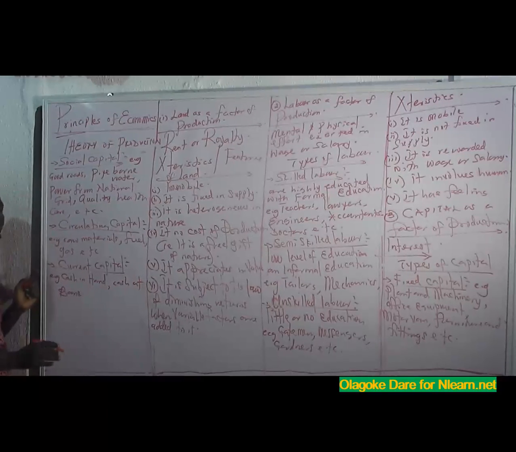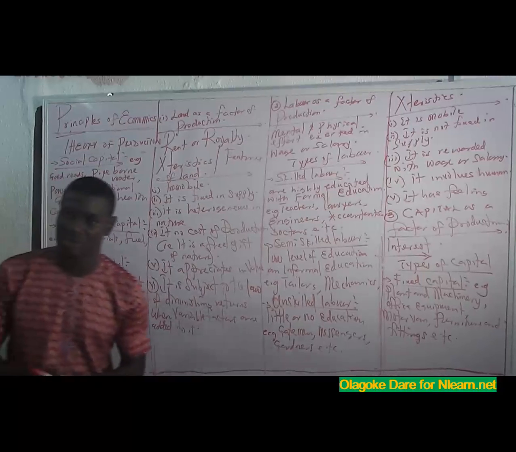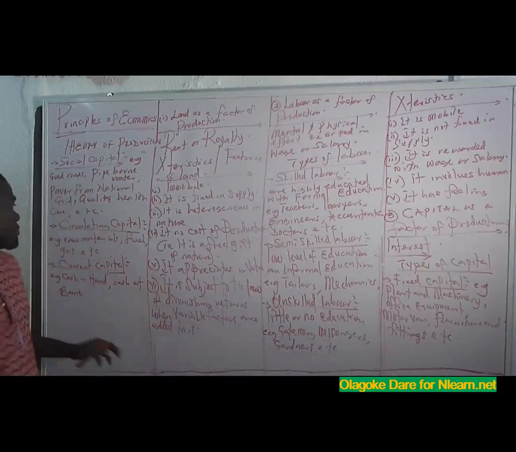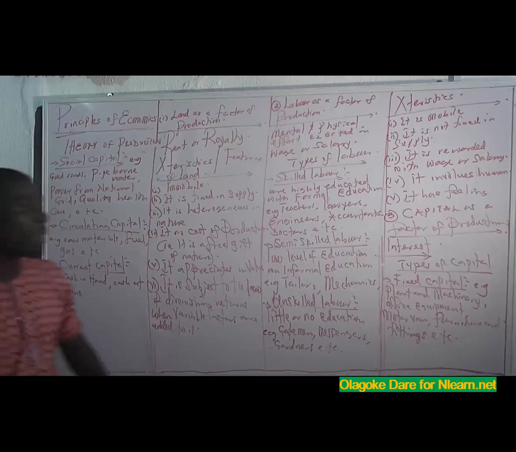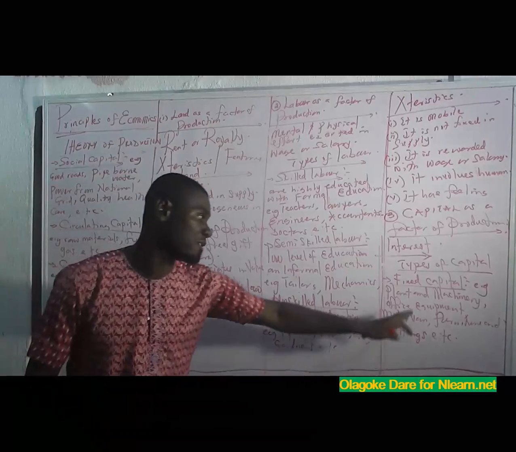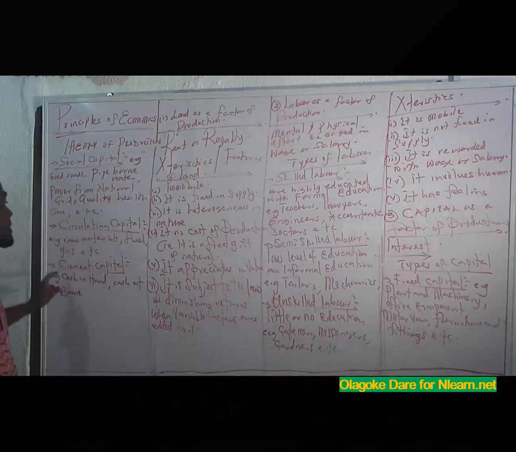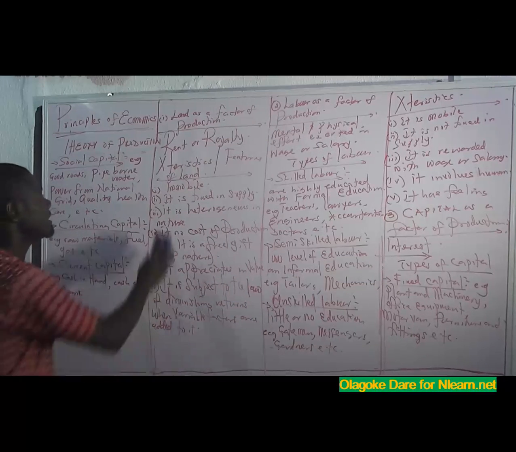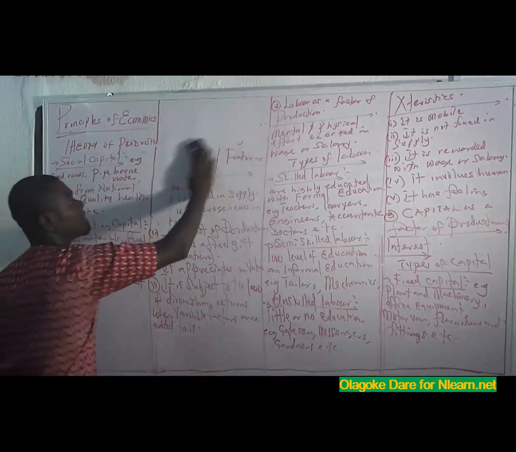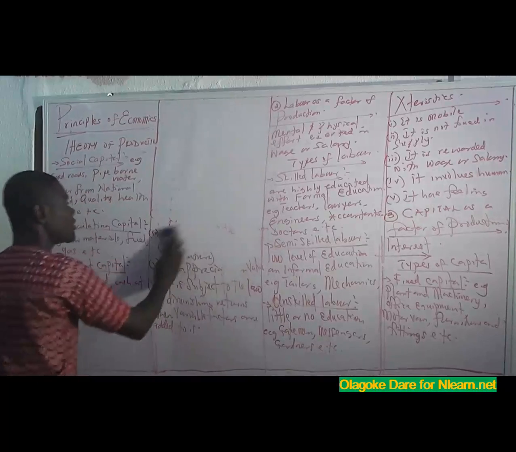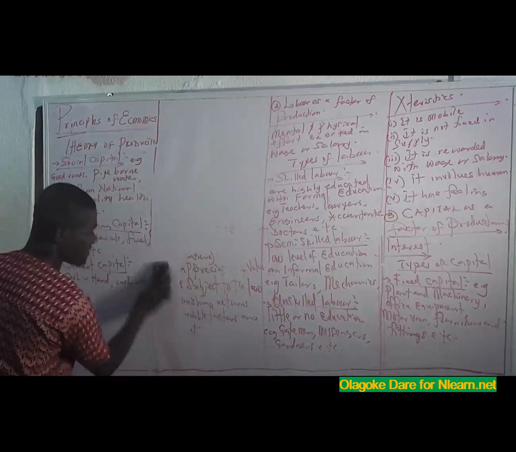So when we talk about types of capital, we are referring to four: fixed capital, social capital, circulating capital, and current capital.